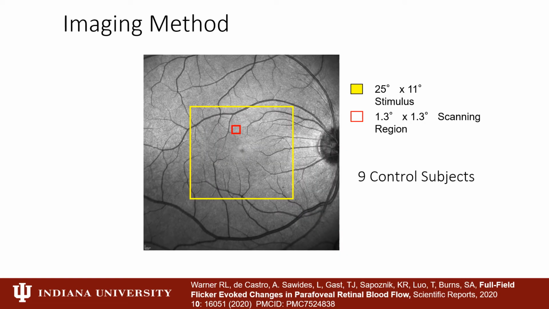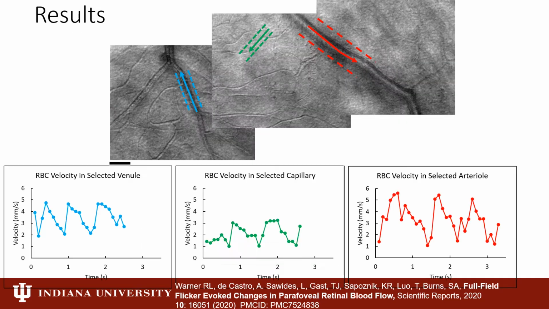For the studies I'll talk about today, we used an imaging method where we put on a uniform background and we could transition it to flickering on and off, and we made measurements from a 1.3 by 1.3 degree region of the retina. And we collected measurements from venules, capillaries, and arterioles in an interconnected region.